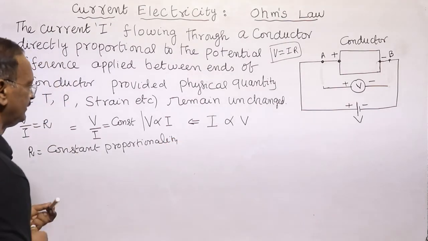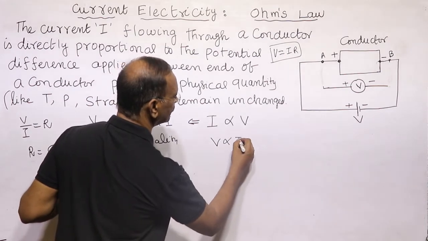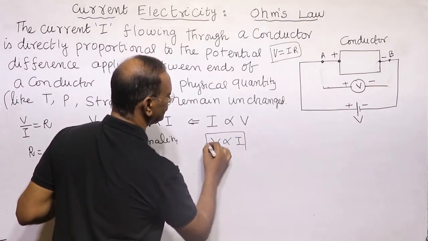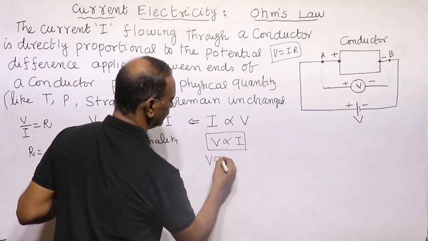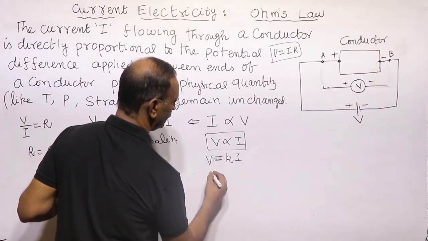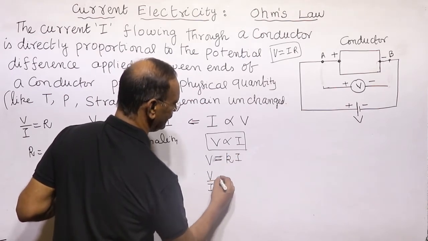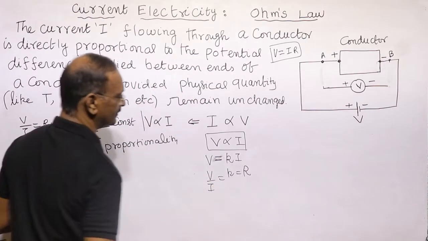We can write V is equal to some constant K into I, or V by I is equal to K, which we call resistance R.